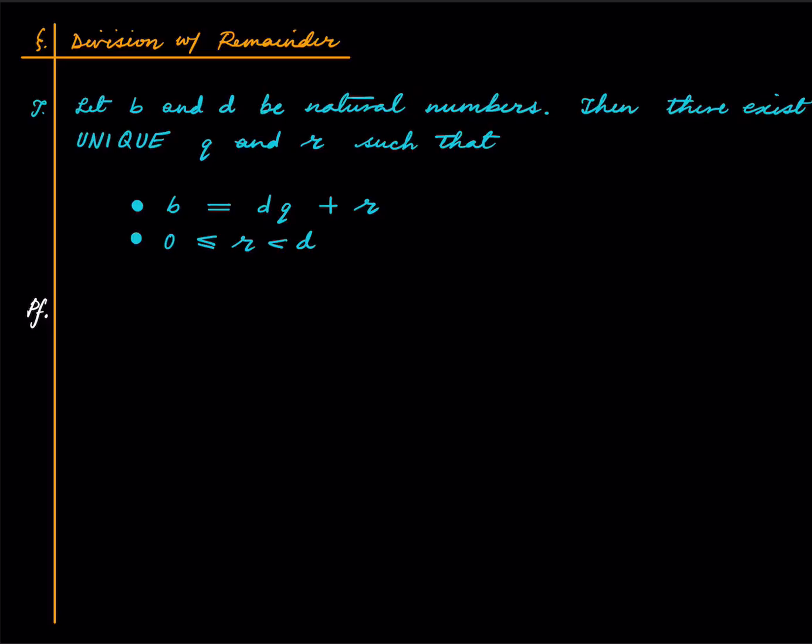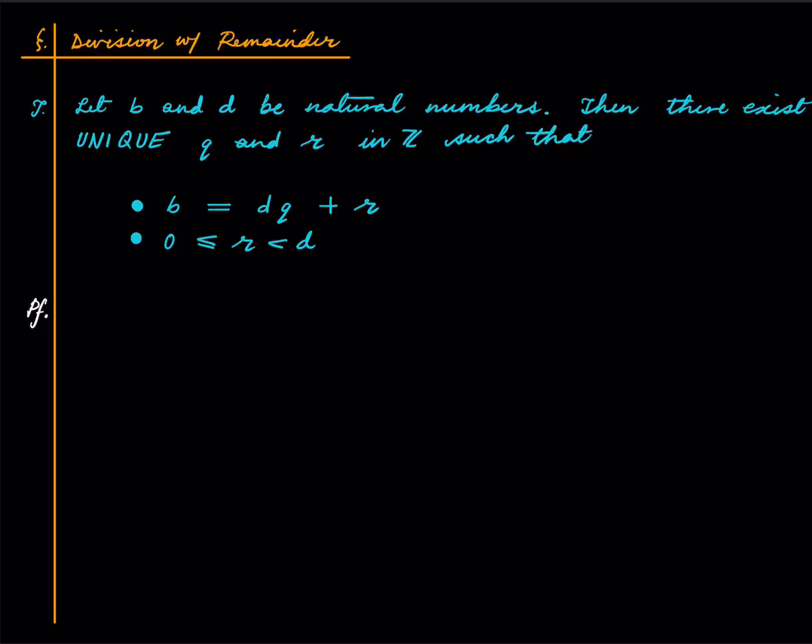Then there exists a unique integer q and an integer r, so unique q and r in Z, such that first of all, b is equal to dq plus r. So what is it saying? It is saying like dividend is divisor into quotient plus remainder, that kind of thing. And that this remainder is in this range.